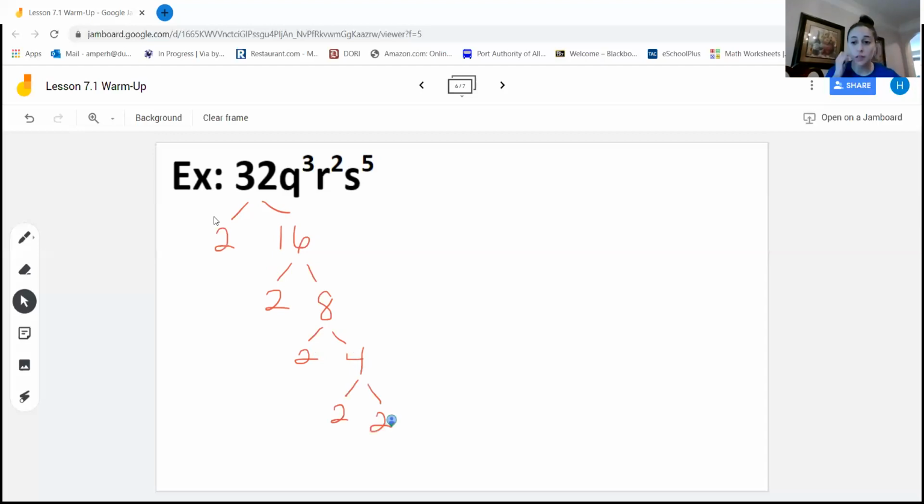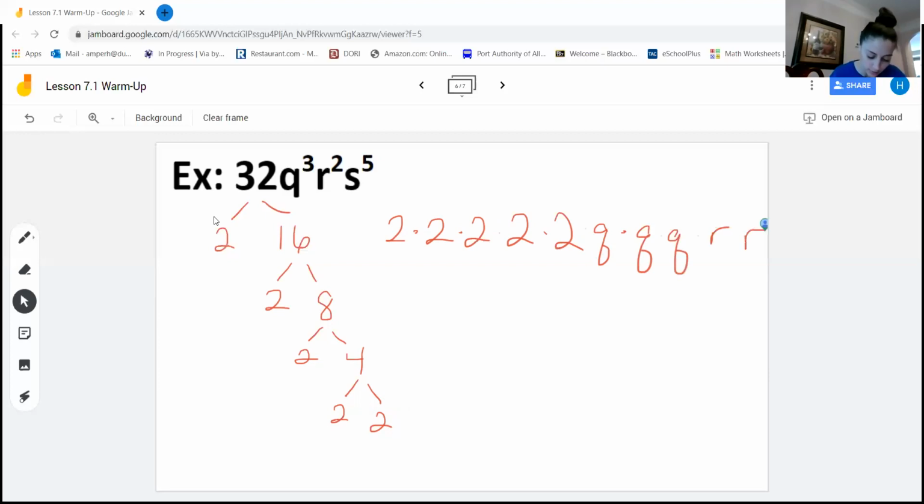So if we wanted to fully break this up and expand it, that is, we have 1, 2, 3, 4, 5 2's, okay? So that means that we would write 2 times 2, get the point, right? 5 2's, and then we have 3 q's, 2 r's, and I picked a long one.